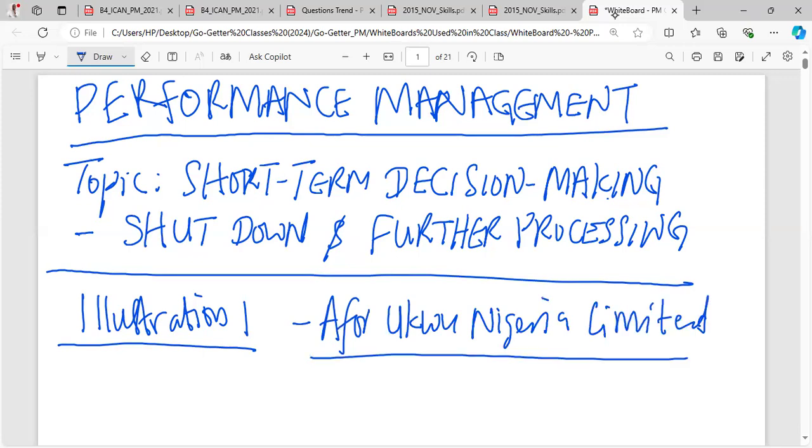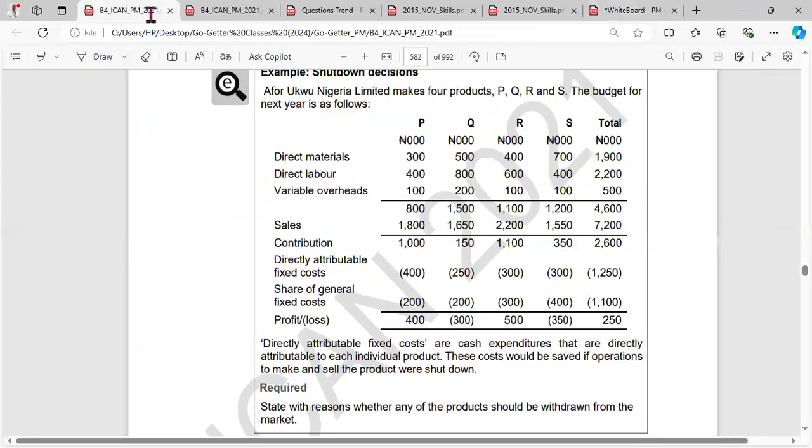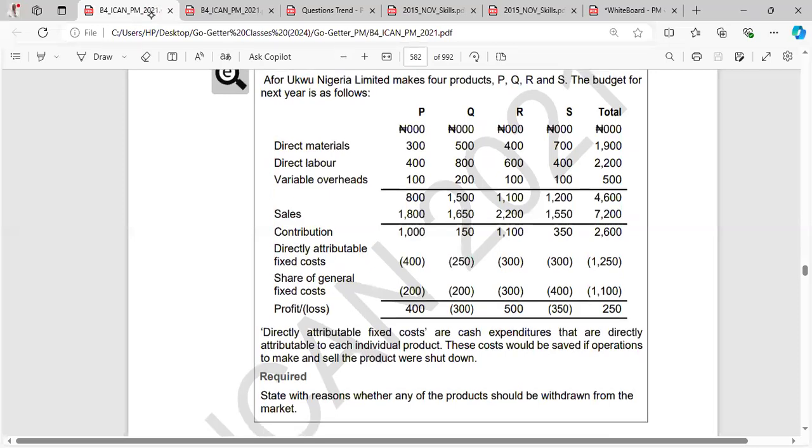So that's the company's name. What are we asked to do? State with reasons whether any of the products should be withdrawn from the market.